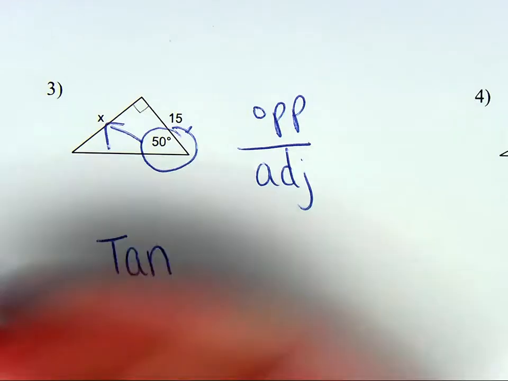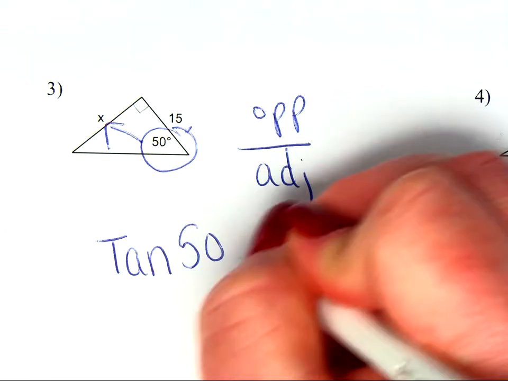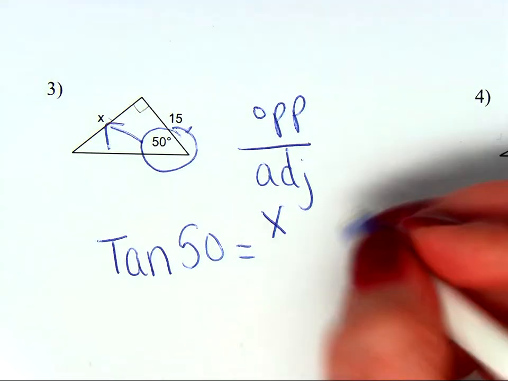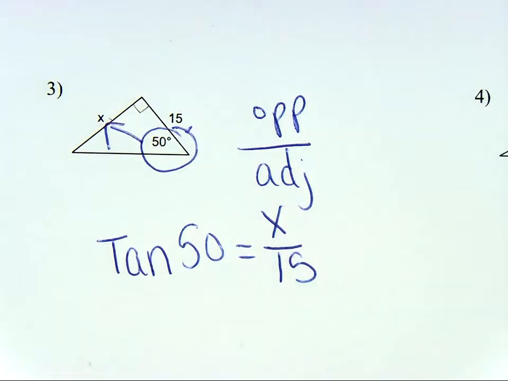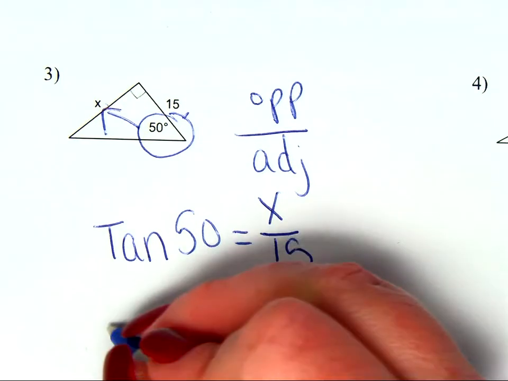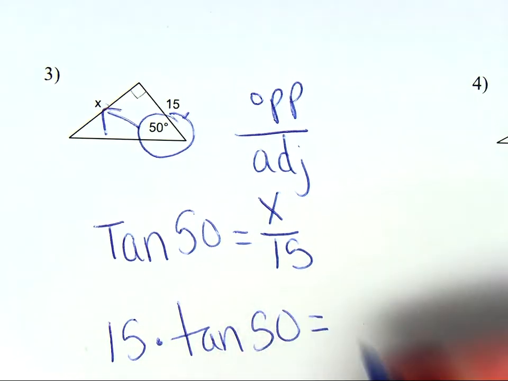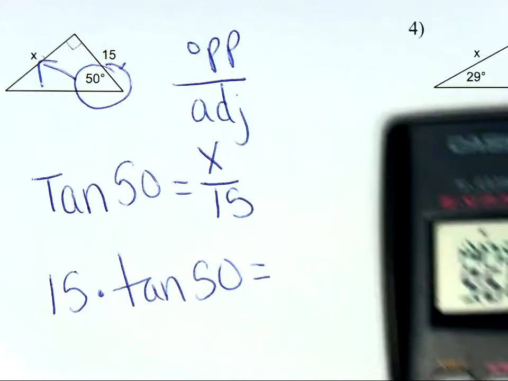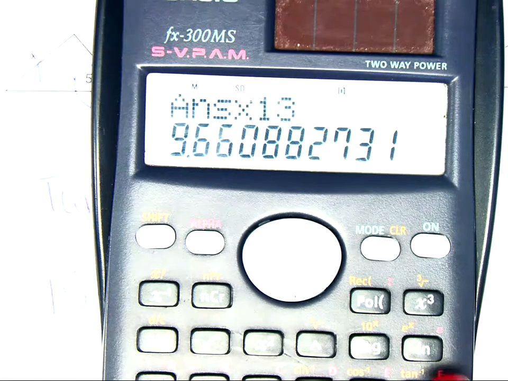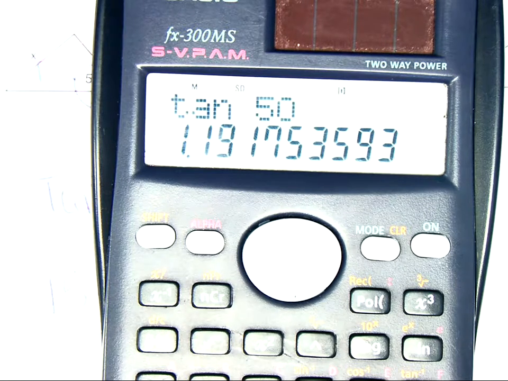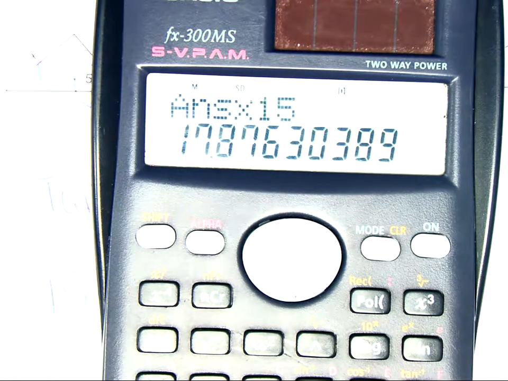So I say the tangent of 50 is equal to the opposite, which is X, over 15. I rewrite this as 15 times the tangent of 50. I type it into my calculator. The tangent of 50 times 15, and my answer rounds to 17.9.